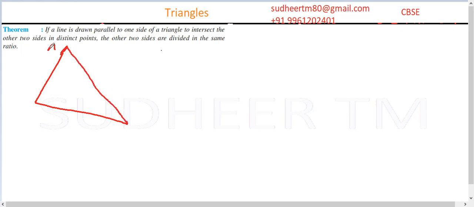Let me name it as A, B, C. Now, if a line is drawn parallel to one side of a triangle, let us take that side BC and construct a line, say DE, such that BC is parallel to DE. So the other two sides, AB is cut at D, and AC is cut at E.